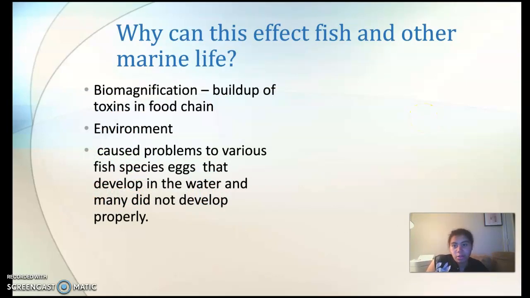Through a process called biomagnification, which is a buildup of toxins in the environment and in the food chain. It can cause problems to various fish species, and the eggs that develop in the water often do not develop properly.